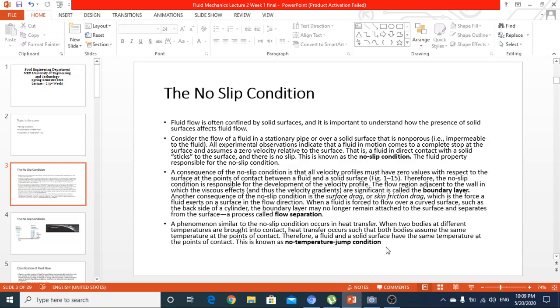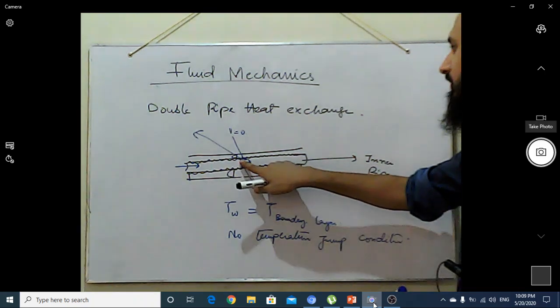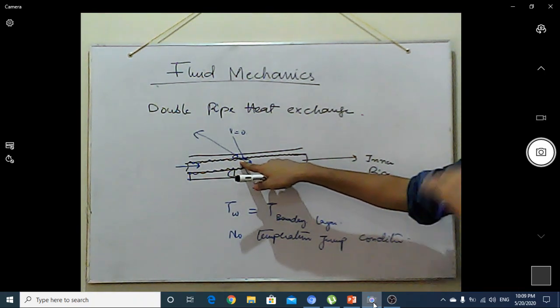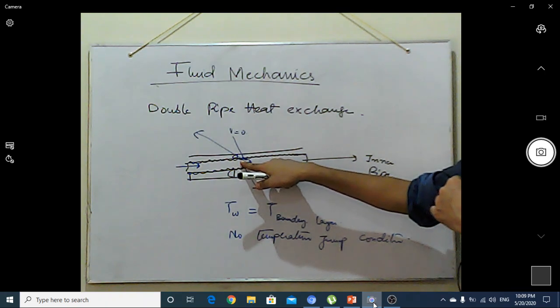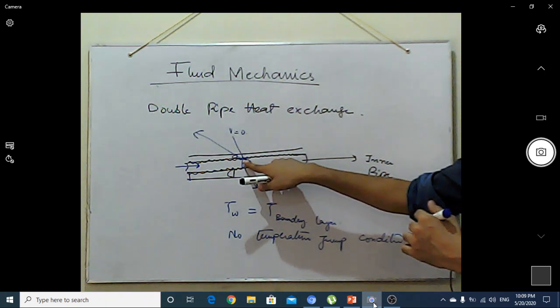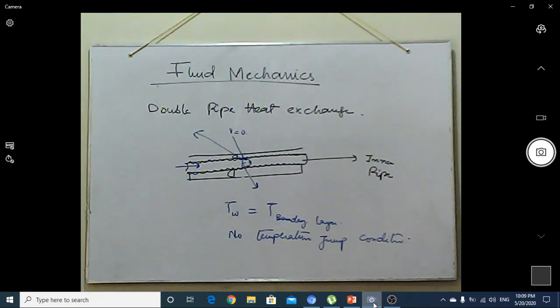Because of the no slip condition here, the liquid is definitely attached to the solid wall, and it can't be moved from this wall. So the temperature that the wall attains at a certain time or in a particular condition, the liquid layer attached to the solid wall has the same temperature. So this phenomenon is also called the no slip or no temperature jump condition.